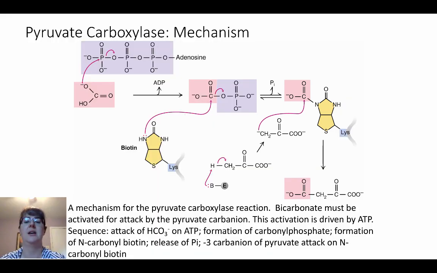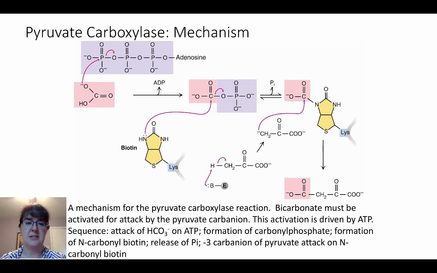So that's going to allow us to have this final thing where we've added a carboxyl group to pyruvate. That's also going to free up that biotin and allow our enzyme to start all over again.